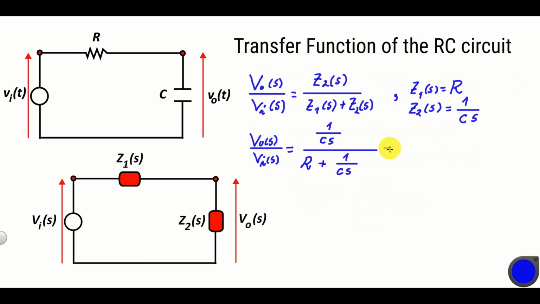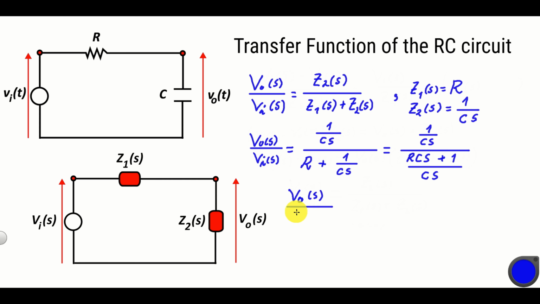And after we simplify this equation, we obtain 1 over Cs in the numerator, and in the denominator we can group the terms like this. Here we will have RCs plus 1, and finally we can cancel this term, and the final form of the transfer function looks like this.